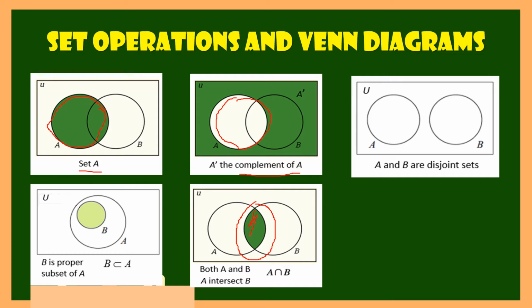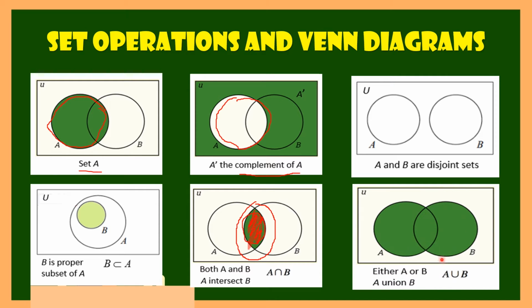Nag-shade tayo ng diagram sa middle part. Ibig sabihin, class, nandito sa gitnang part na to lahat ng ating same elements. Halimbawa, si set A may 1, si set B may 1 din. Dito natin siya isusulat sa gitnang part or sa intersection ni set A and set B.